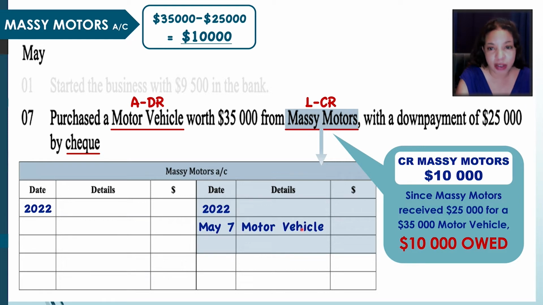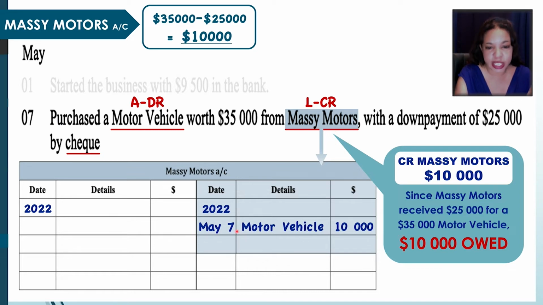Was it fully on credit? No. How much do we owe them? So you're not going to put 35,000 because we don't owe them 35,000. We paid them 25,000. So how much do we actually owe? 10,000. So this is the amount that is going to go into this account.